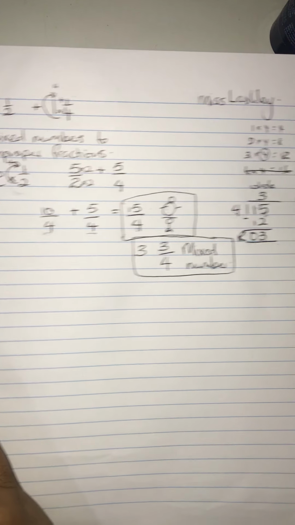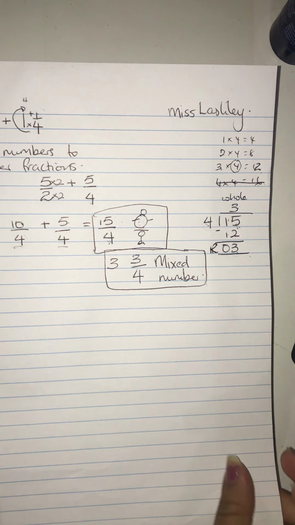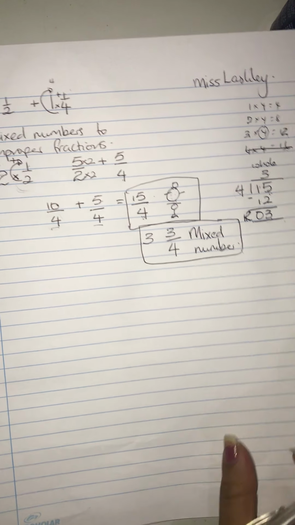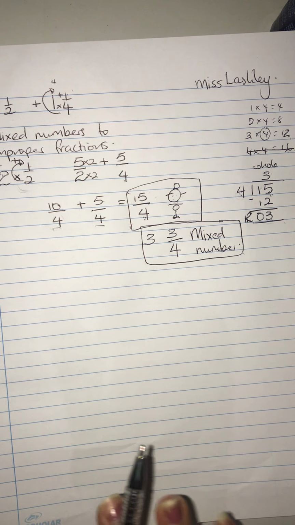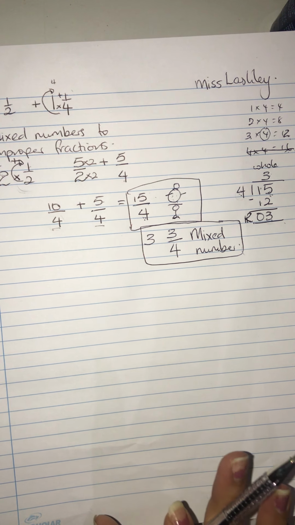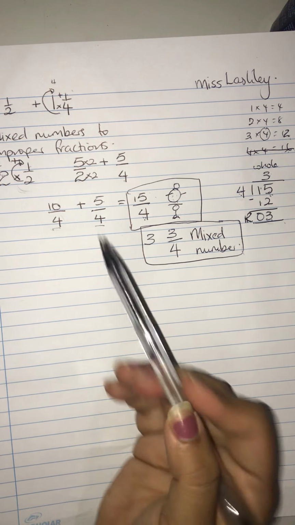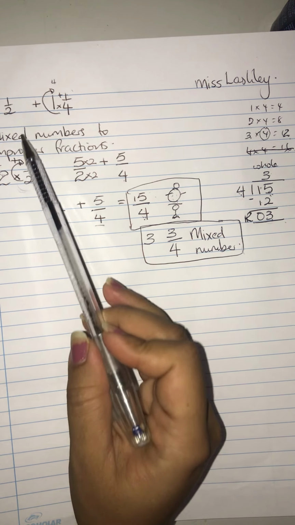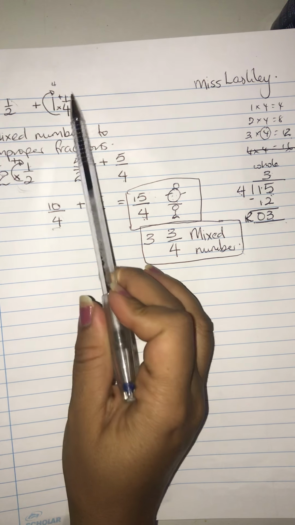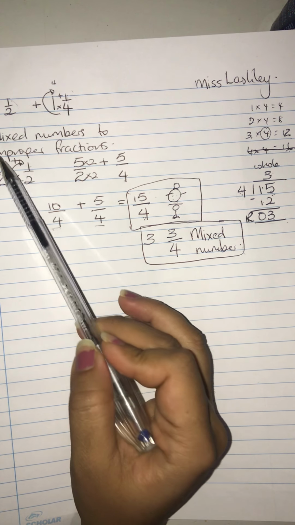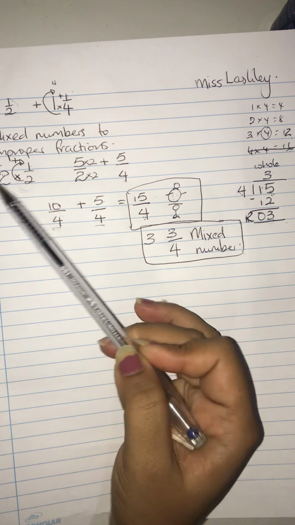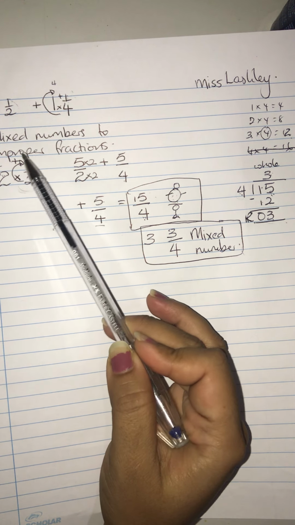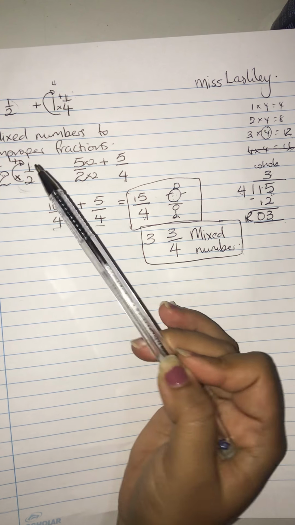I hope this was a little clearer. The same pertains to if we are doing subtraction. Division and multiplication is a little different. So subtraction is the same procedure. Make sure anytime you have mixed numbers, first thing that you do, change them to improper fractions, multiplying the denominator by the whole number and adding your numerator.